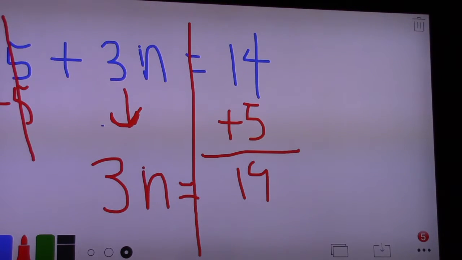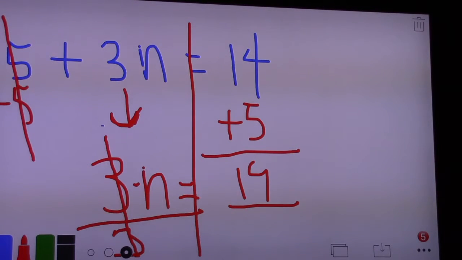When I read this, I read 3 times n equals 19, and so I divide by 3 as the undo operation. 3 divided by 3 goes in 1 time, and 1 times n is just n.